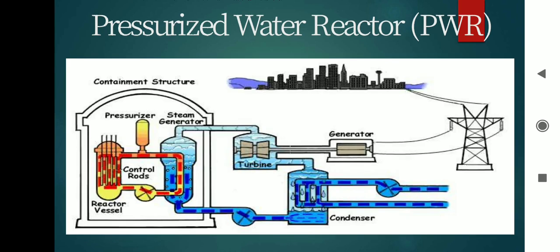That is the main important point we have to mention: the coolant is pressurized before going to the steam generator, for getting a high level of heat generated at the steam generator. So that is the important thing.